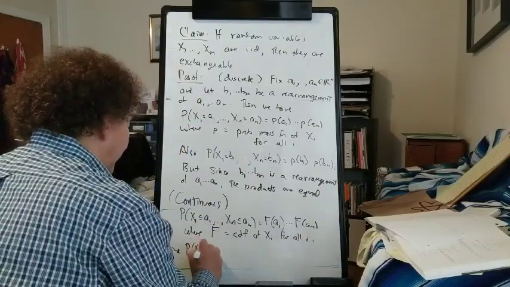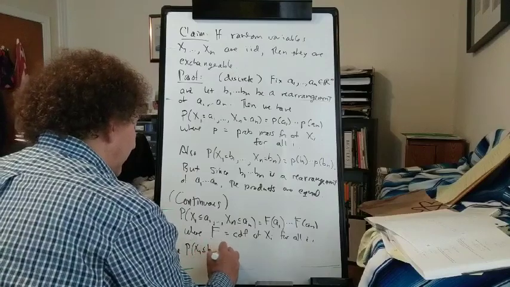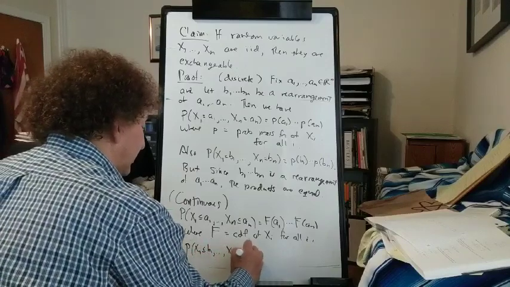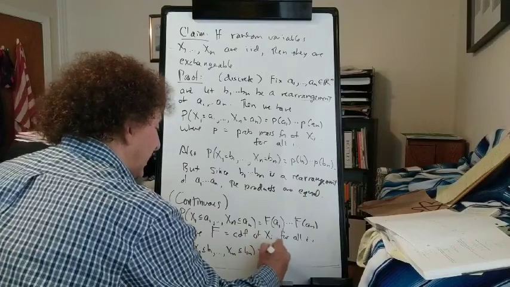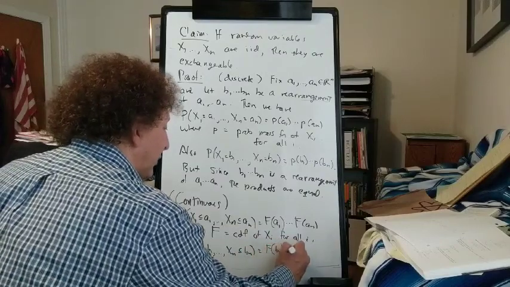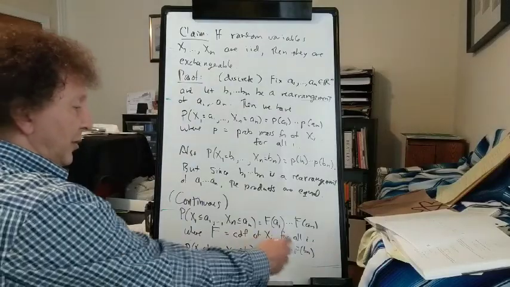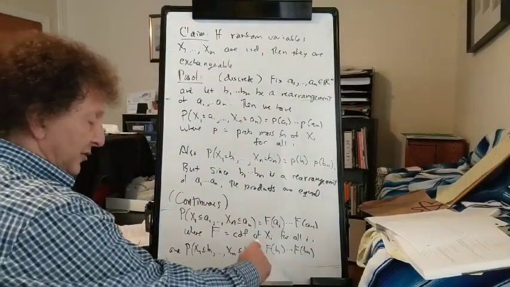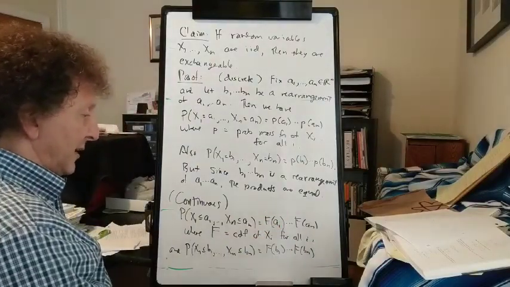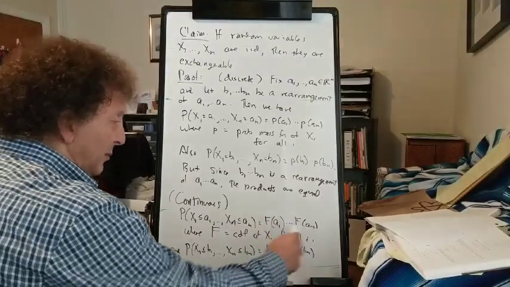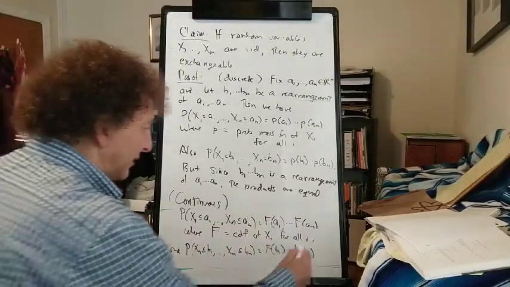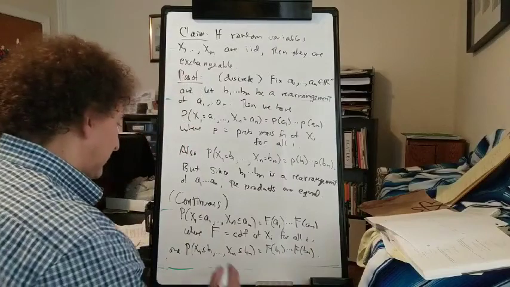And the probability that X1 is less than or equal to b1, etc., and Xn is less than or equal to bn is just F of b1 through F of bn. And again, since b1 through bn is just a rearrangement of the numbers a1 through an, we're multiplying the same numbers here in a different order, but multiplying in a different order doesn't change the product.